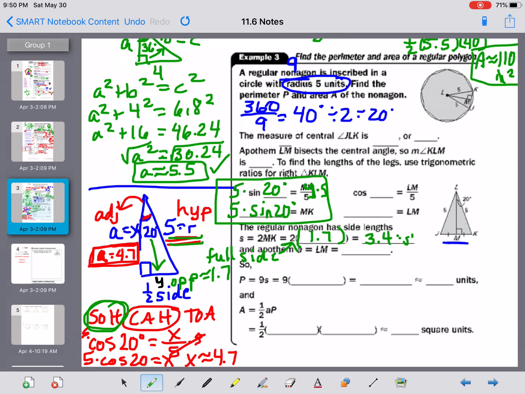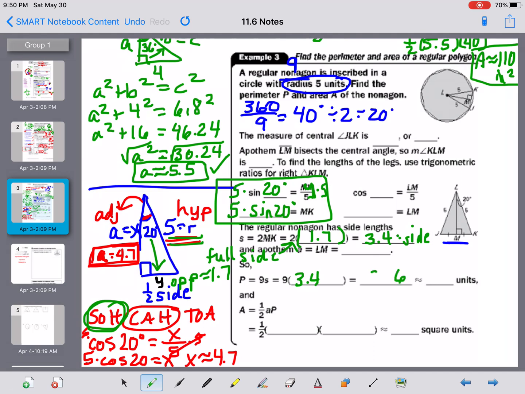There's 9 sides. So 9 sides times my 3.4 will give me a perimeter of, what do we have? 30.8? Doesn't even sound right. Okay, 30.6. How about 30.6 there for my perimeter?